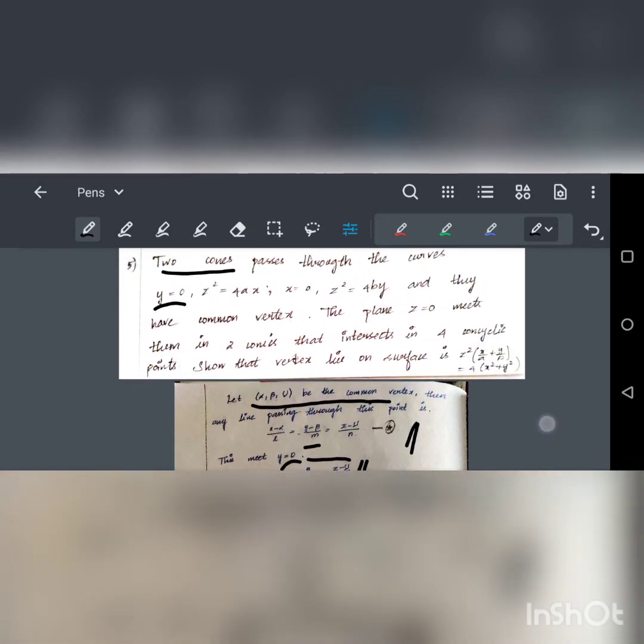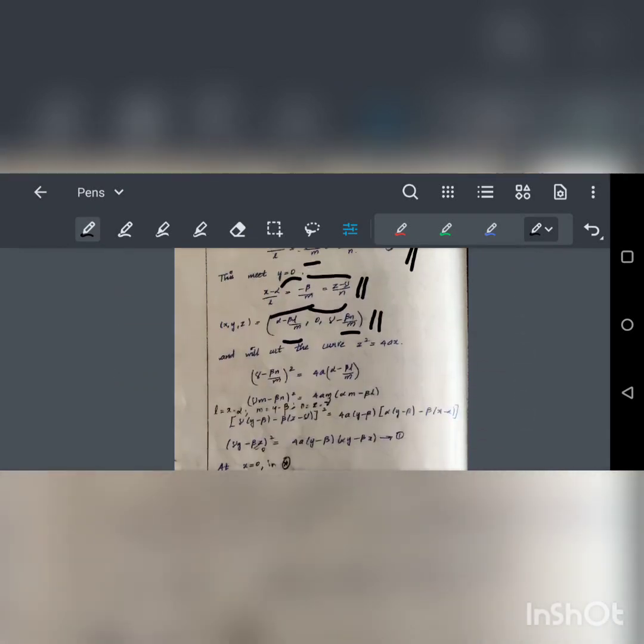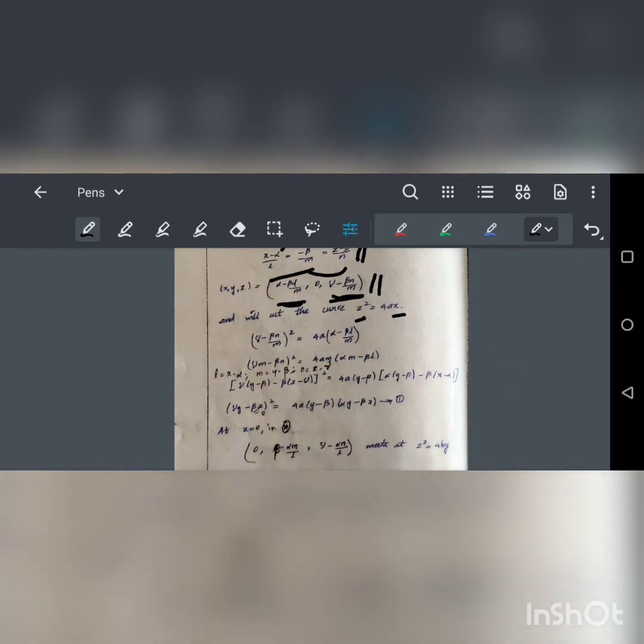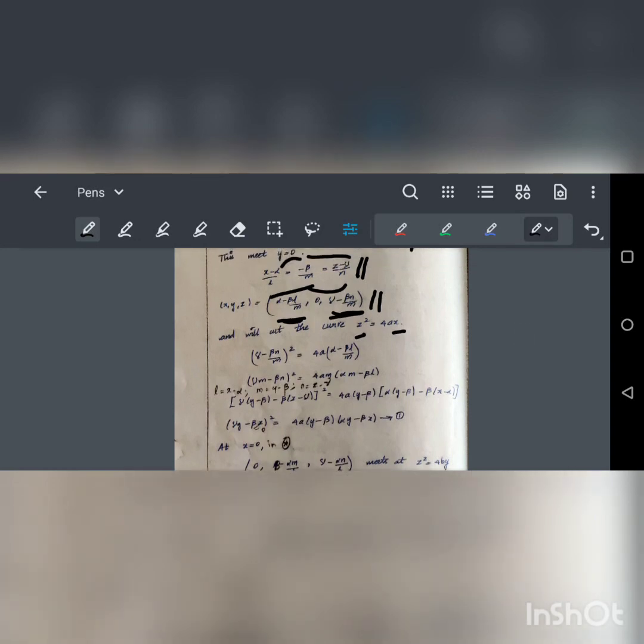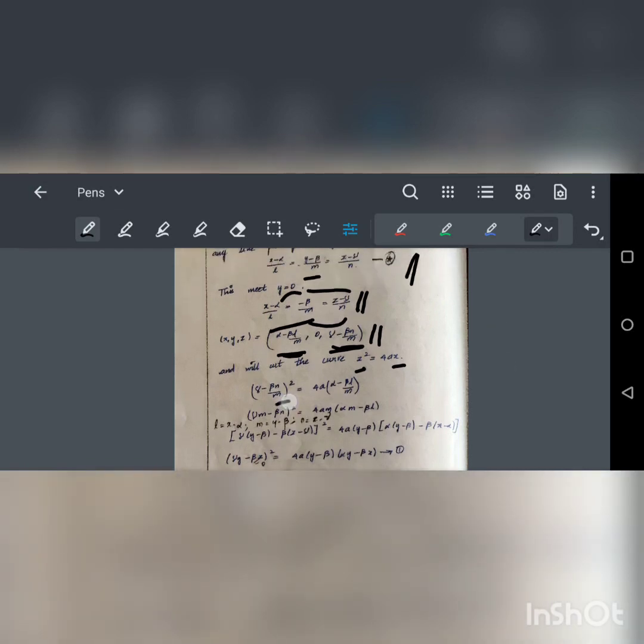Next, it also passes through z square is equal to 4ax. So replace the value for z as gamma minus beta m by n and x as alpha minus beta l divided by n, and simplify this. Next, we need to eliminate l and m from these two. So we do have n divided by m and l divided by m here.